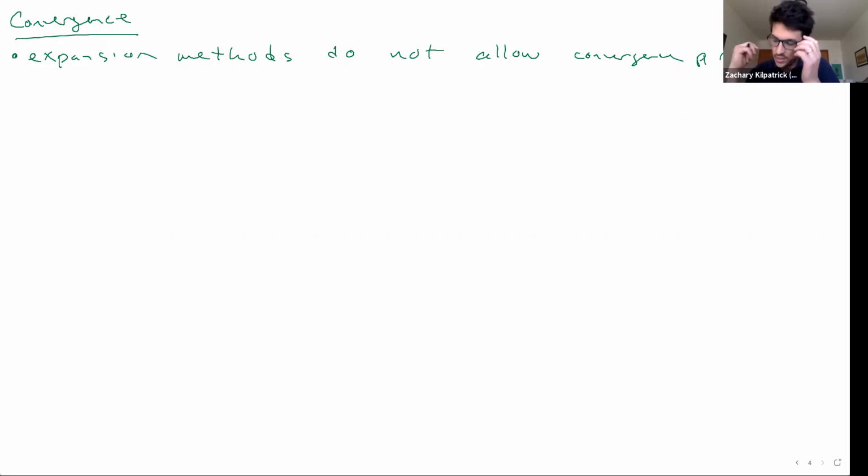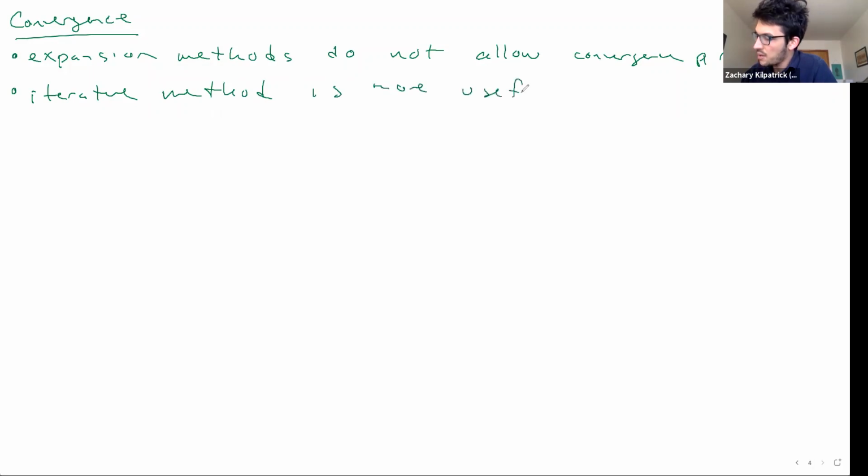So it's not always as simple as the kind of things you would get from typical straight Taylor series expansions. So the iterative method is really more useful for proving that you're going to converge to a root of your original problem.